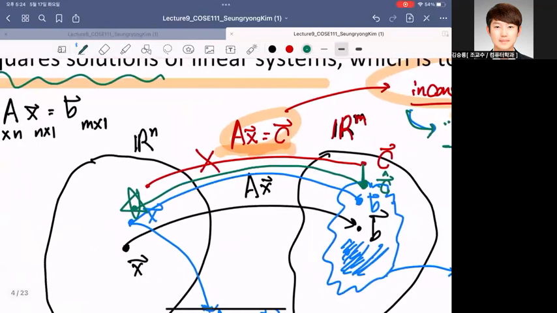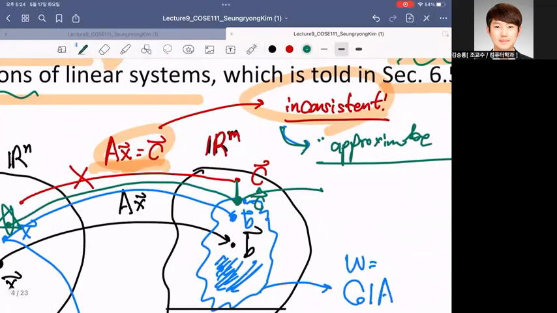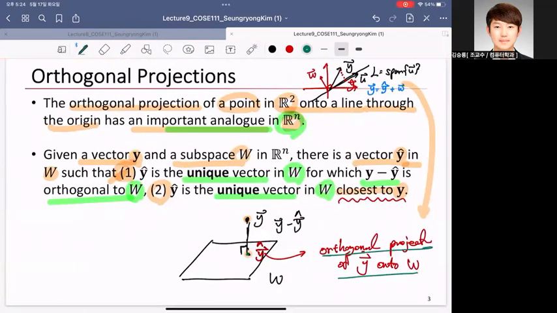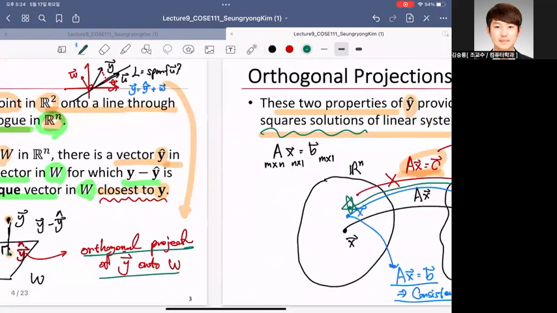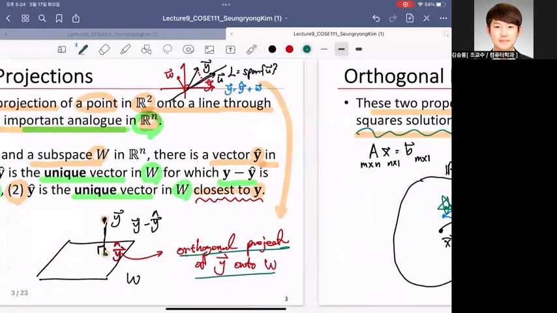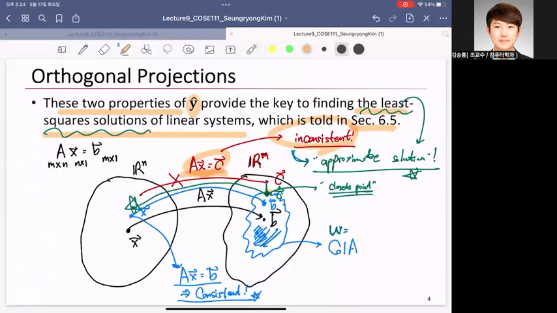So how can we find it? The closest point of vector c onto W space is the orthogonal projection of c onto the column space of matrix A. If we can find this orthogonal projection onto W space, then we can find this vector, and finally find the approximate solution for this inconsistent system.